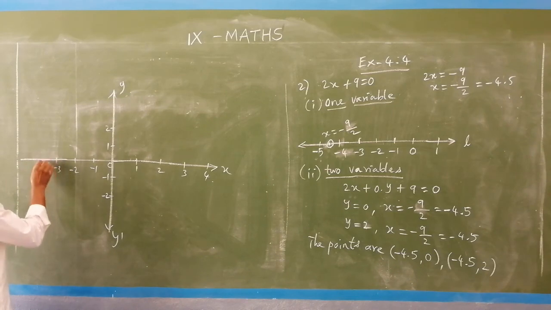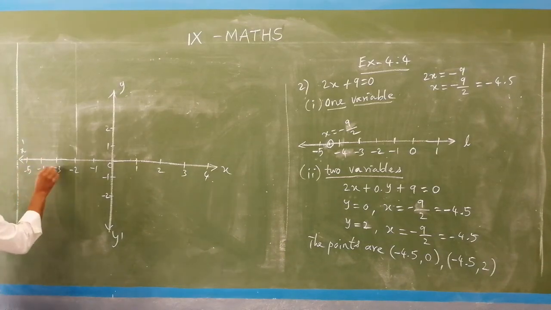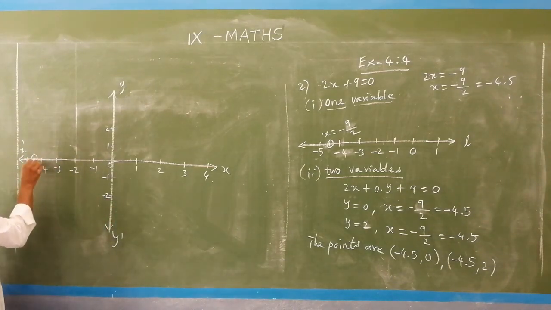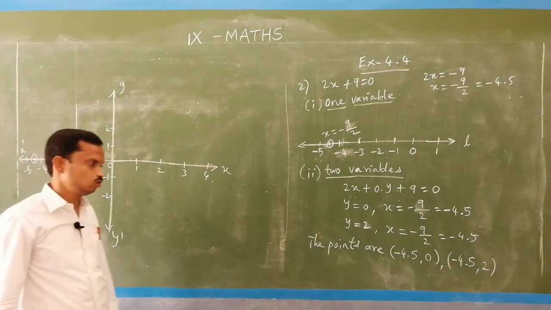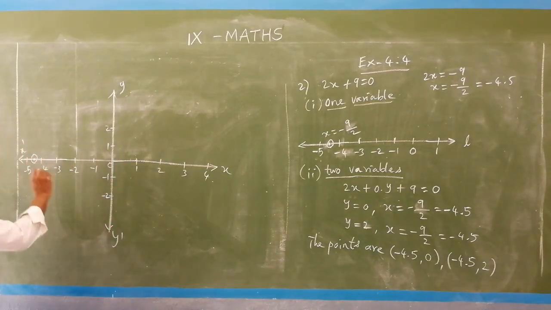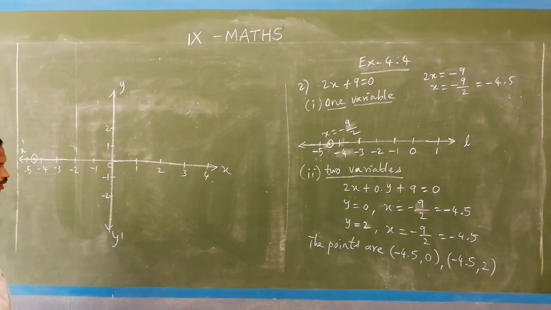This is minus 3, this is minus 4, this is minus 5, and this is x dash. So, minus 4.5 is here. Minus 4.5 comma 0 means the point will come here, and the next one, minus 4.5 comma 2, means 2 is here.